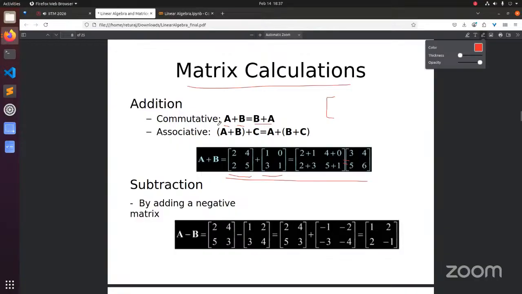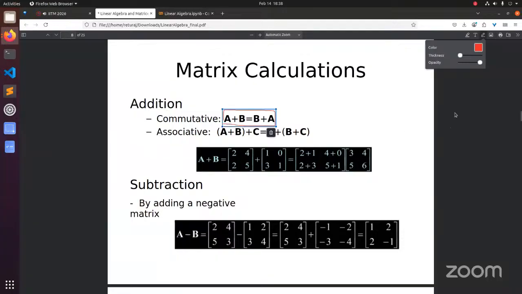Can everyone see that A plus B and B plus A is always the same? Whether you add A plus B or B plus A, it's always the same thing. Can everyone see this?